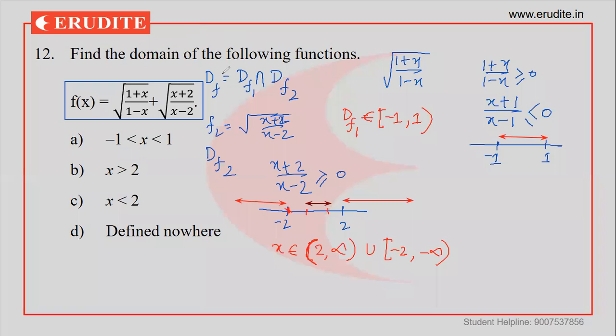If there is no overlapping, then it is not at all defined. To make this defined, there must be some common points, an intersection of Df1 and Df2, but there is no intersection; they are separated. So definitely, not defined here is the answer to this question.